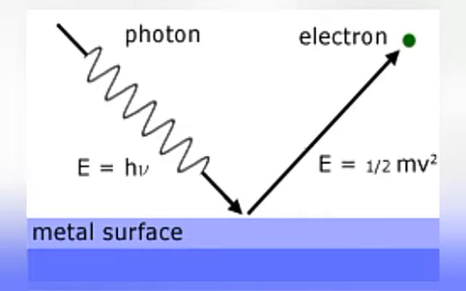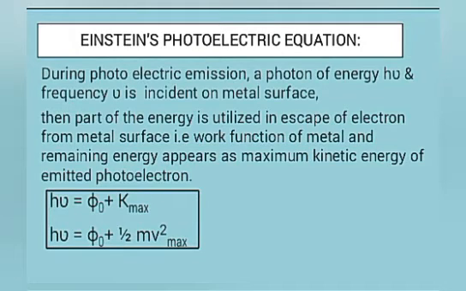Okay, so here during photoelectric emission, a photon of energy h nu and frequency nu is incident on the metal surface, then part of the energy is utilized for two purposes.